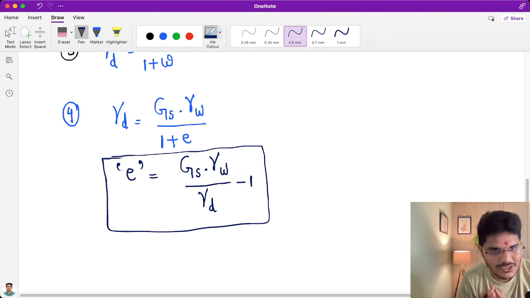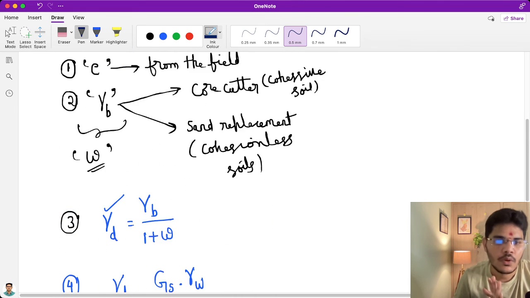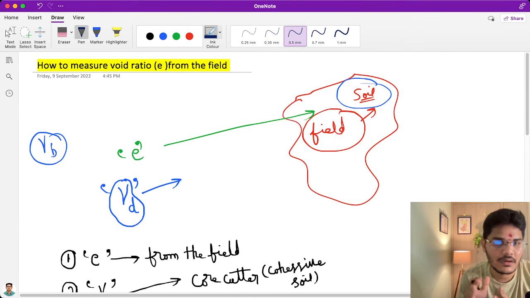Then we have correlations, and from that the void ratio can be calculated. Void ratio cannot be measured from the field directly, but change in void ratio can be calculated from consolidation. That is a different concept that we'll discuss in the consolidation chapter.